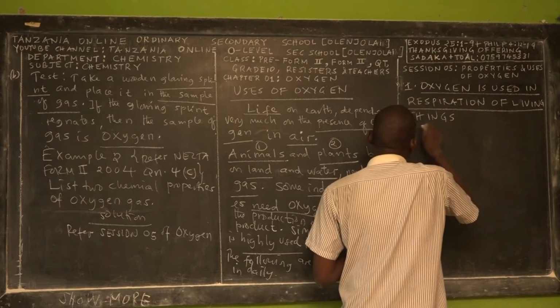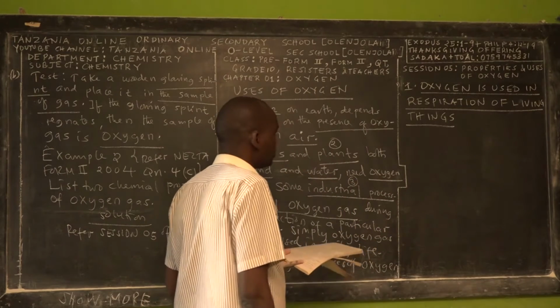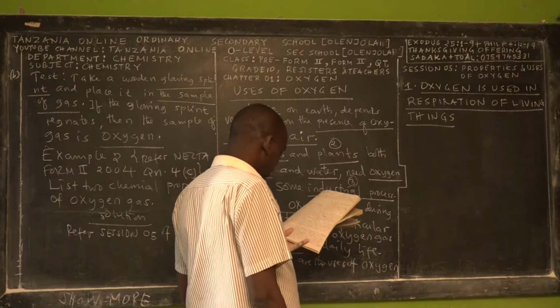So living things need oxygen in respiration. Oxygen is used in respiration of living things or living organisms.